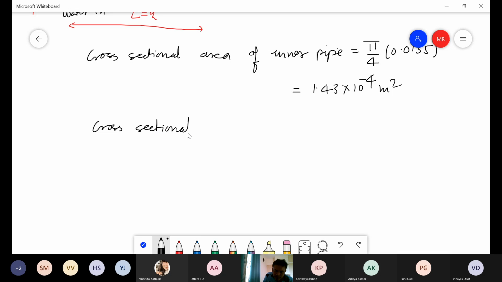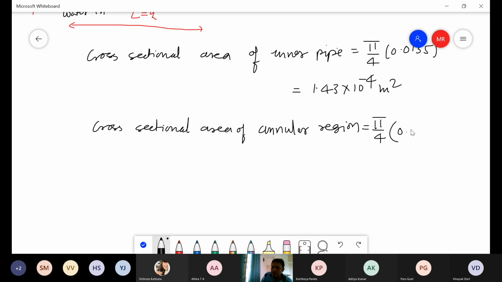cross-sectional area of annular region. So that is given as pi by 4 into, what is the outer diameter in this case? The outer diameter is 0.041 m.